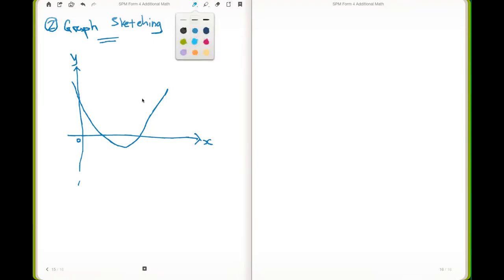No matter whether it's a U curve or N curve, whether you have a maximum point or minimum point, for this purpose I'm going to use the U curve, but the N curve with the maximum point should work the same. And the same goes with only one root. No matter how the curve looks like, a quadratic curve, you should have a y-intercept. This happens when x is equal to 0.